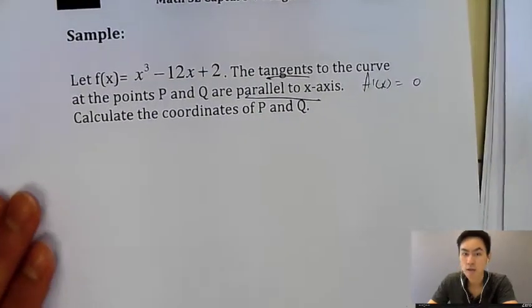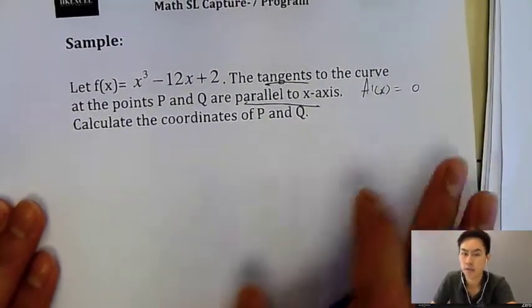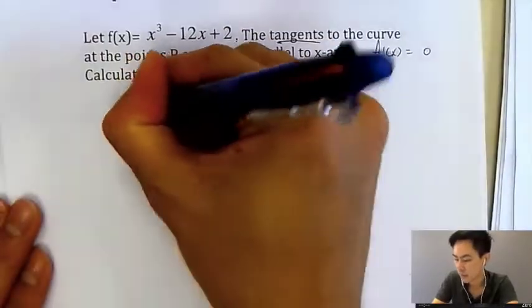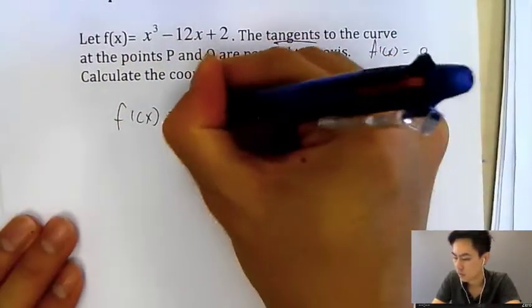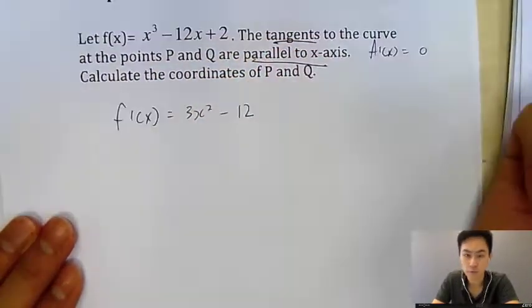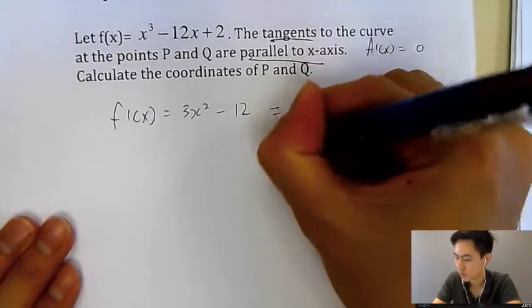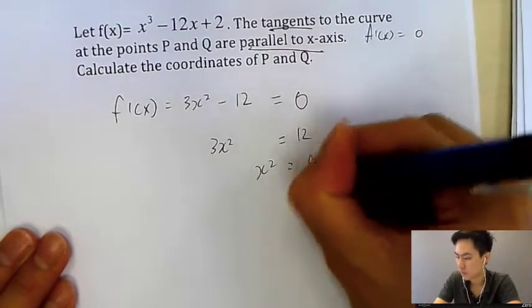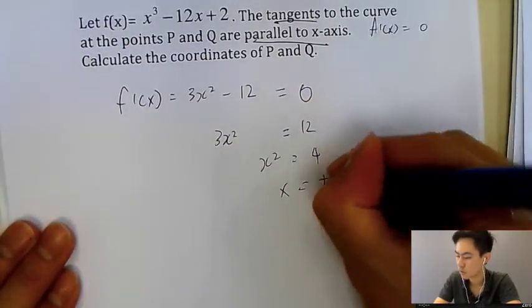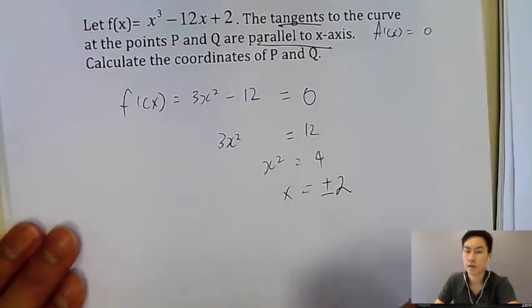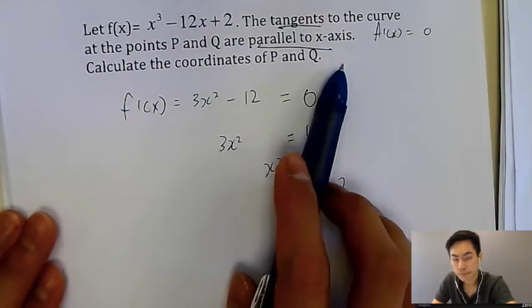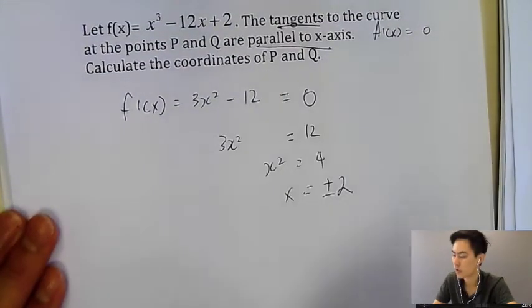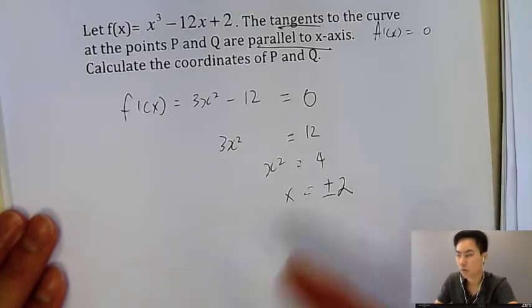Calculate the coordinates of P and Q. Very easy. f dash x equals 3x squared minus 12. Differentiate, and then make it equal 0. Finally you have 3x squared equals 12, x squared equals 4, x is equal to plus or minus 2. But for coordinates P and Q, whenever you see coordinates, you have to find the y as well.